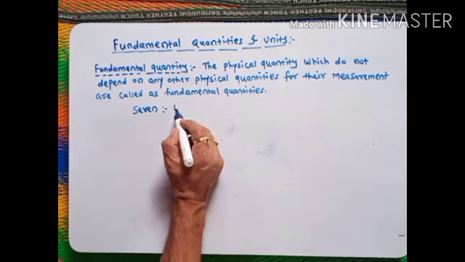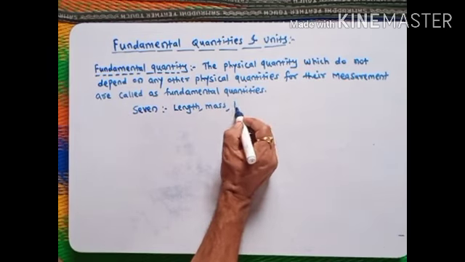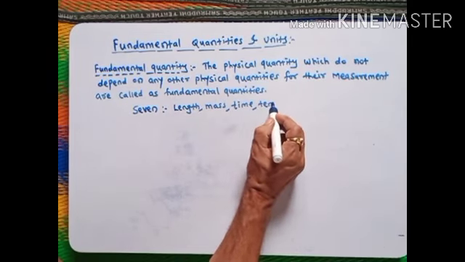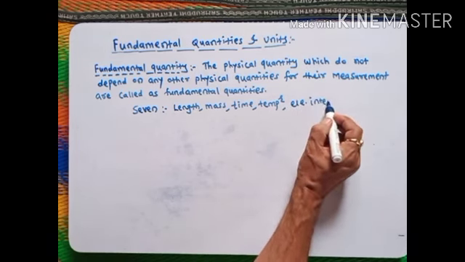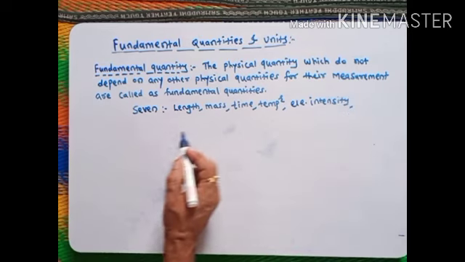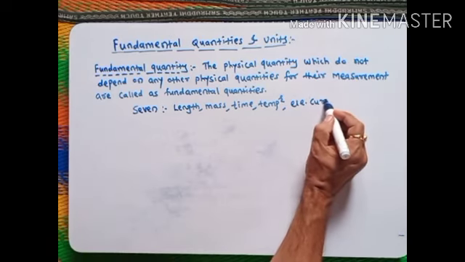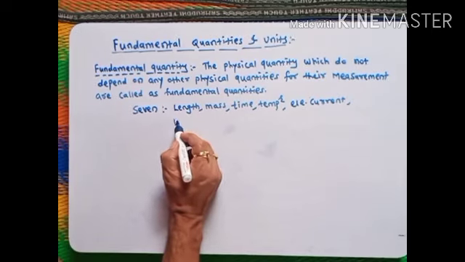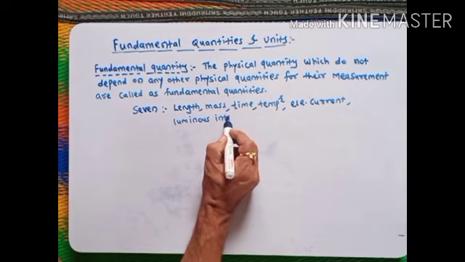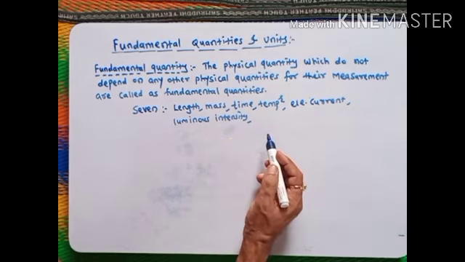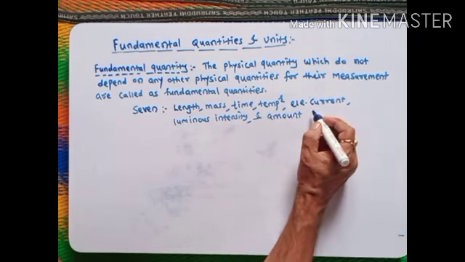We can write here: length, mass, time, temperature, electric current, then luminous intensity, and amount of substance.